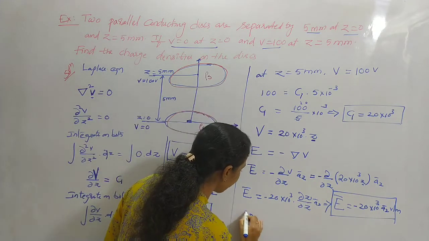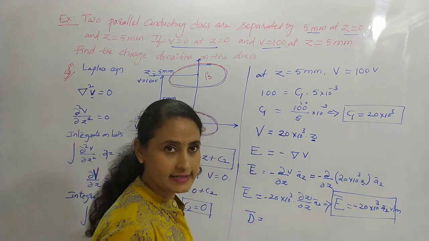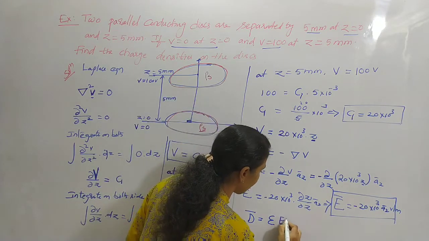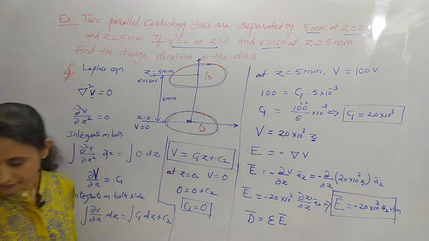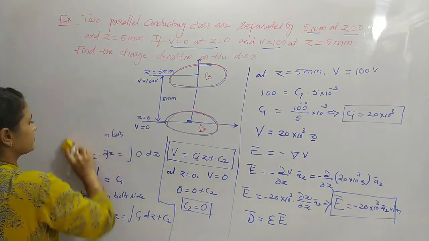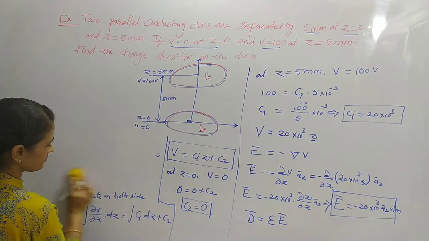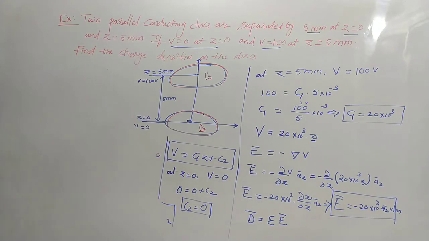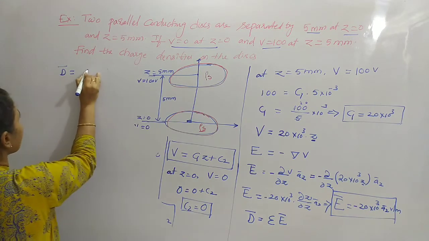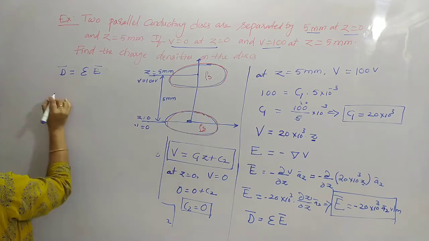Now from this let us write the value of D bar. The electric flux density D bar is written as epsilon into E bar.